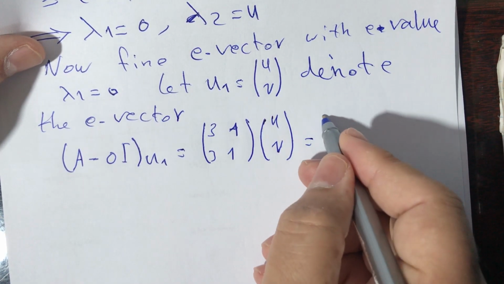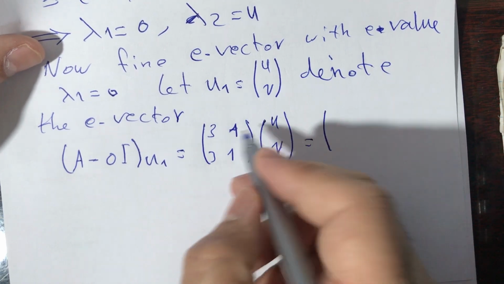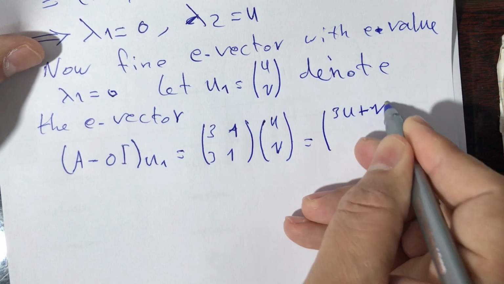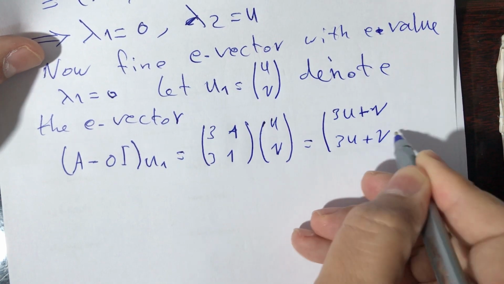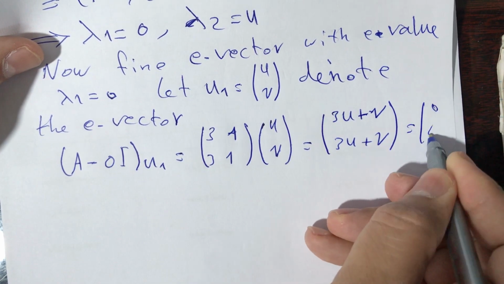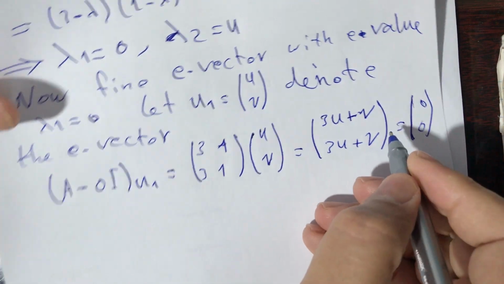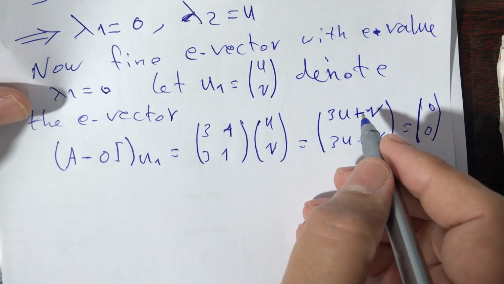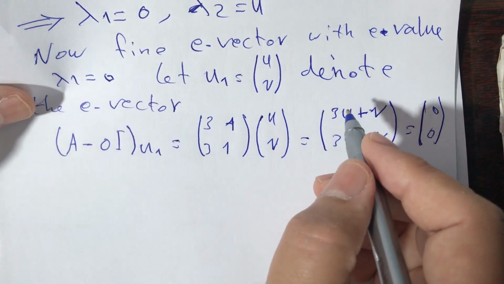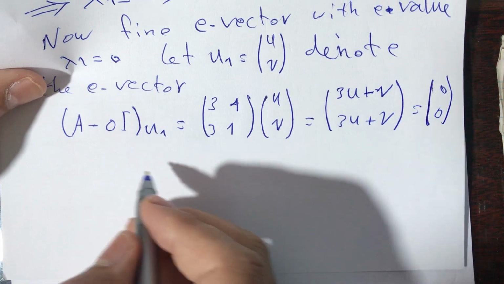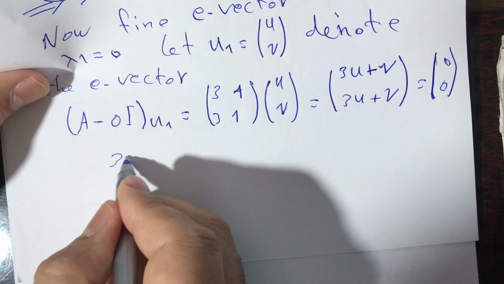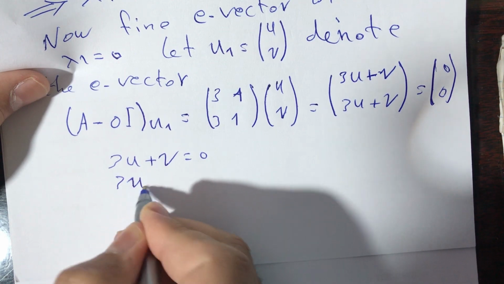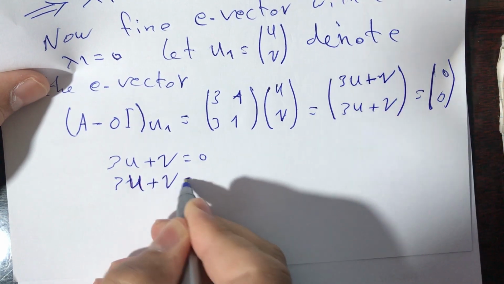This is equal to 3u plus v and 3u plus v, and this is equal to 0. So we get 3u plus v equal to 0, also 3u plus v equal to 0.